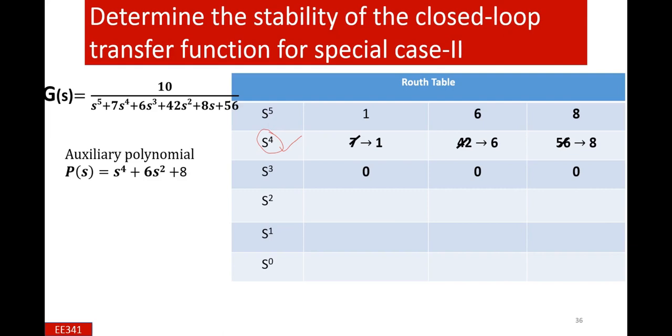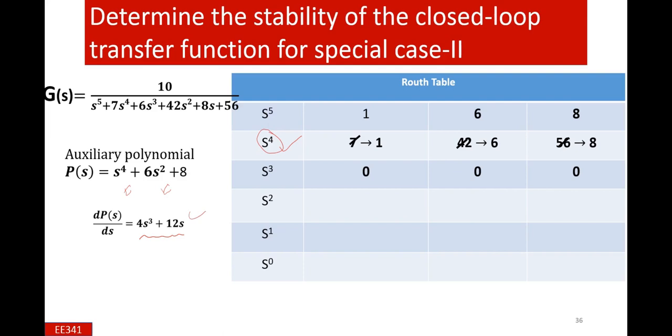So we are skipping alternate coefficients, as we already skip them when filling the table using the Routh criteria, and then taking the first derivative of this auxiliary polynomial, we have 4s raised to the power 3 plus 12s, which represents the next row.